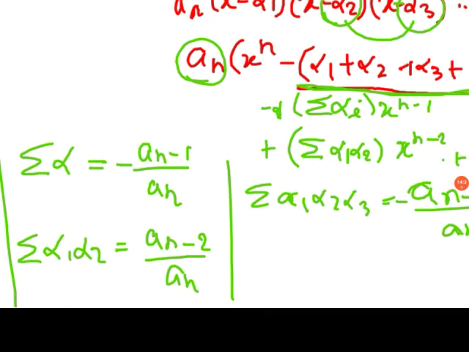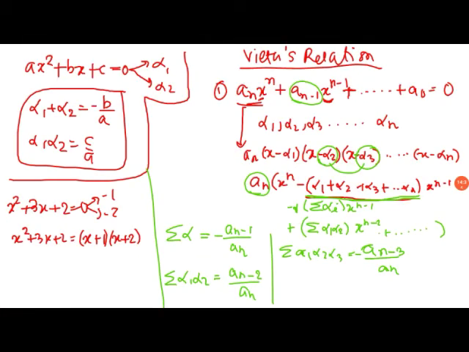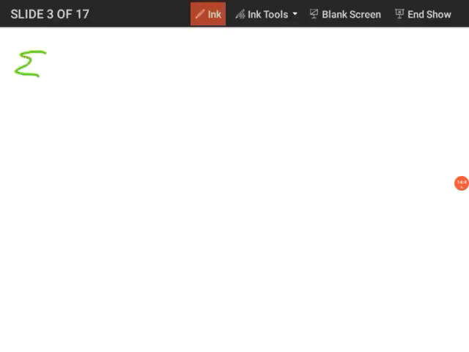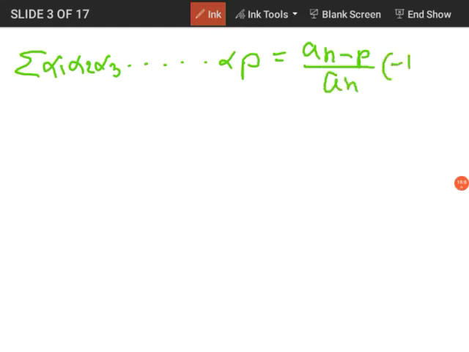See, if I take the sum of the roots taken p at a time, sigma alpha 1 alpha 2 alpha 3 up to p, like p at a time, then this can be written as a n minus p upon a n multiplied by minus 1 raised to the power p. Now you can check this for all the equations. This will come out to be true.